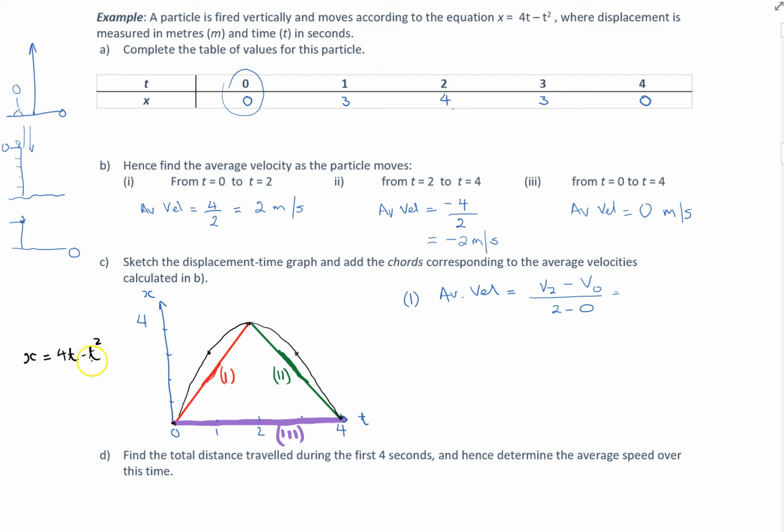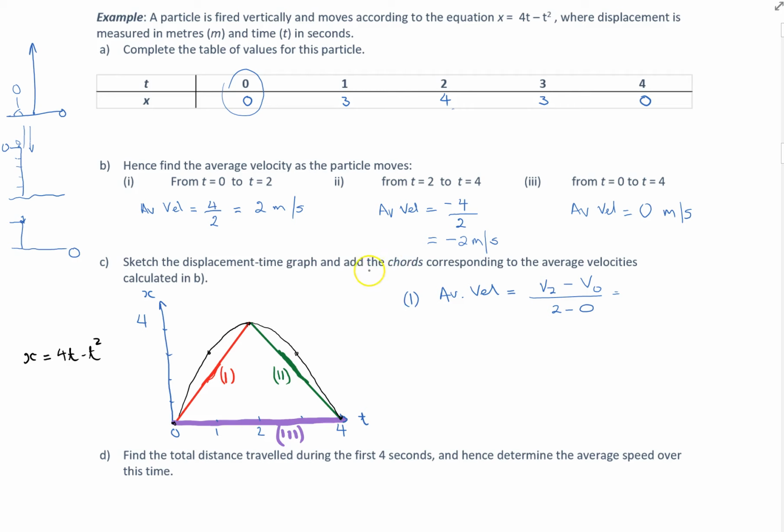It's an upside down parabola. So we know that from its equation, and we can also see, since I've now sketched x with respect to t, that you do get this nice upside down parabolic shape.